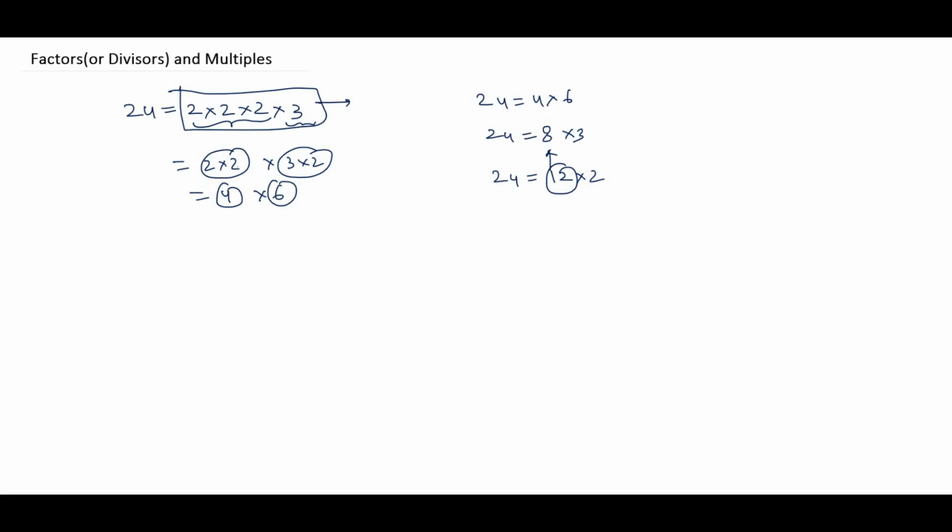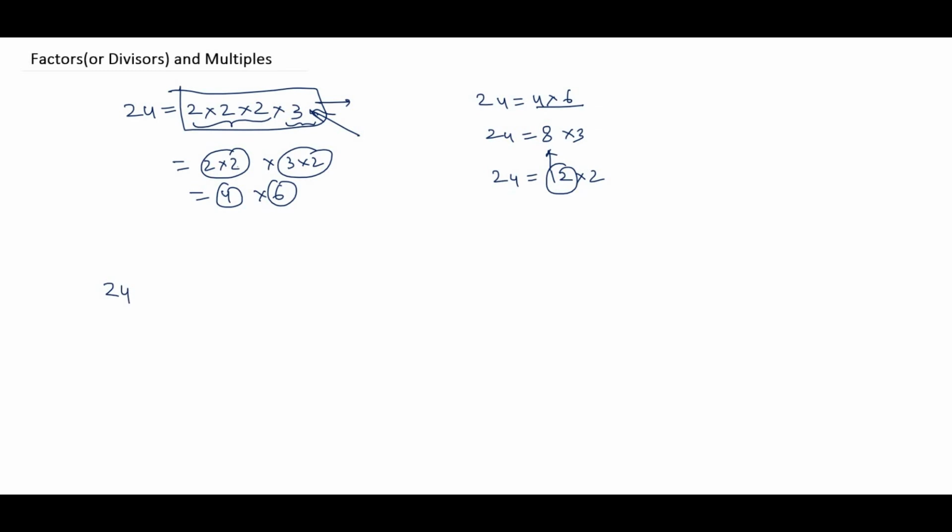So to get all the factors, we will combine these numbers, and combine in such a way to get two different numbers so as to get the product of those numbers as 24, right? So I'm writing the factors of 24.